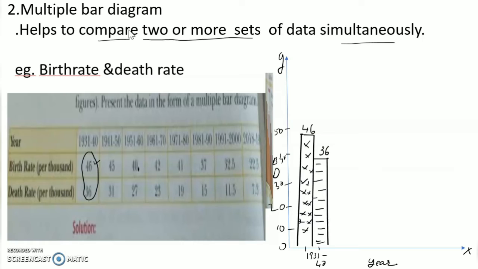Now we are going to take the second year that is given, 1941 to 50. Here the birth rate is 45. From the y-axis we will get 45. Sorry, it's not coming properly.